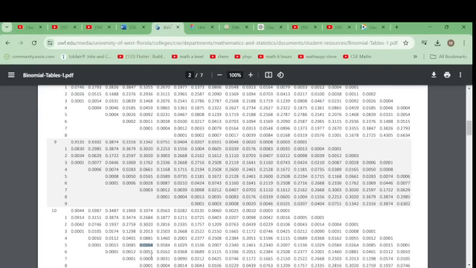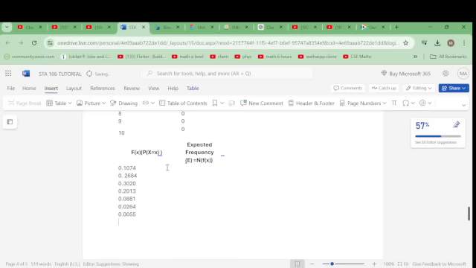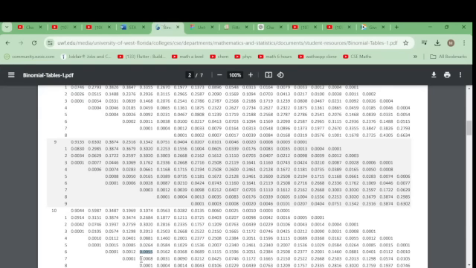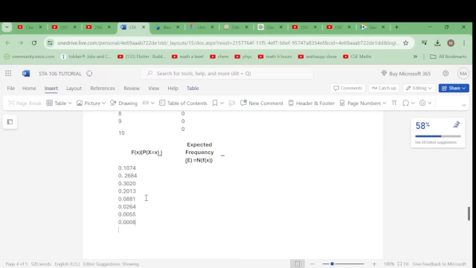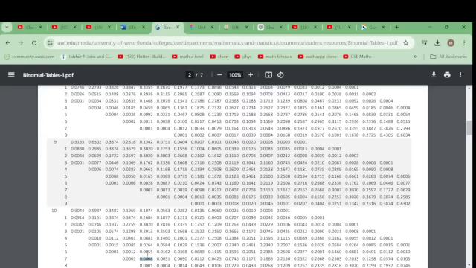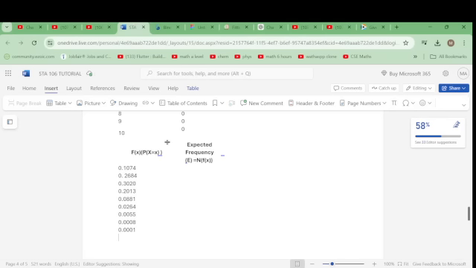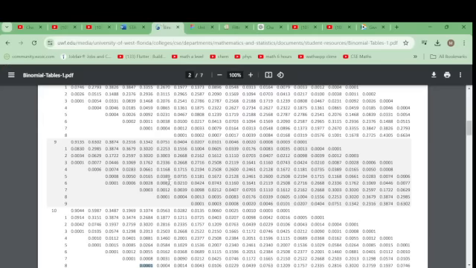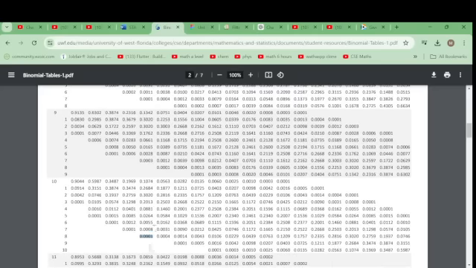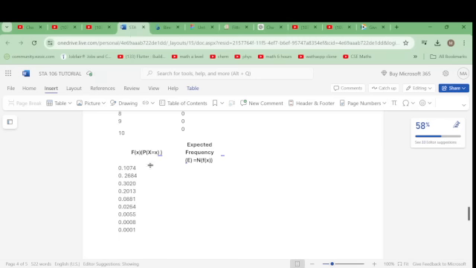If we were to use a calculator, it wouldn't be easy. Then 5, 6, 7, 8. You can see 9 and 10 is just 0. I think it is infinity. That's why they don't write anything. So you can see then.